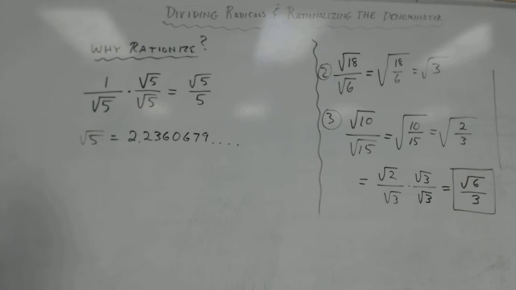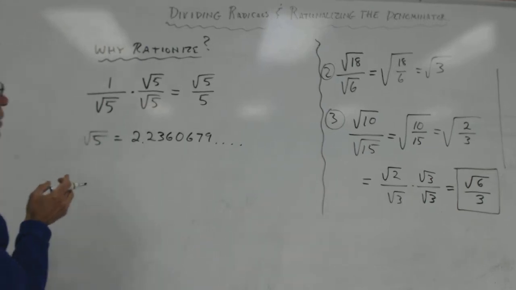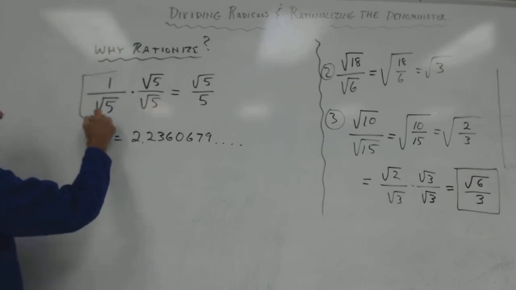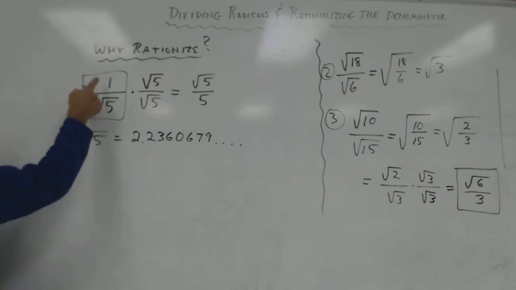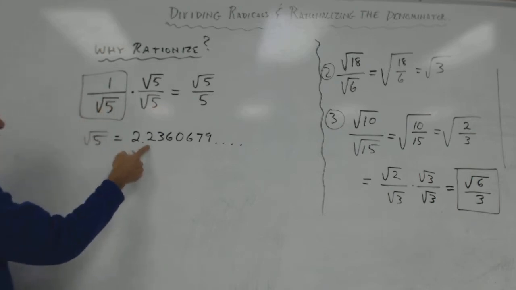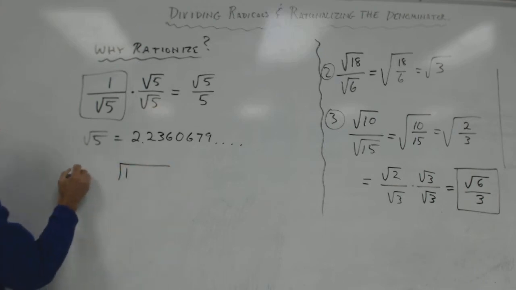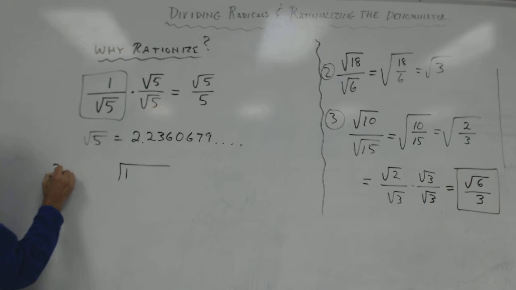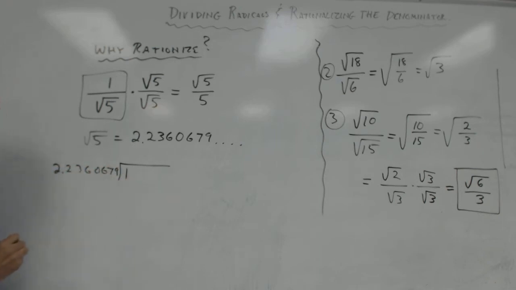It's going to go on forever, right? Now let's think about it for a second. If that was our answer back when I was growing up, before calculators, I would have to do 1 divided by 2.2360679.